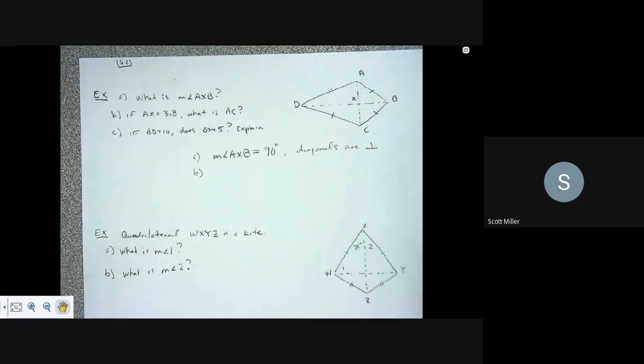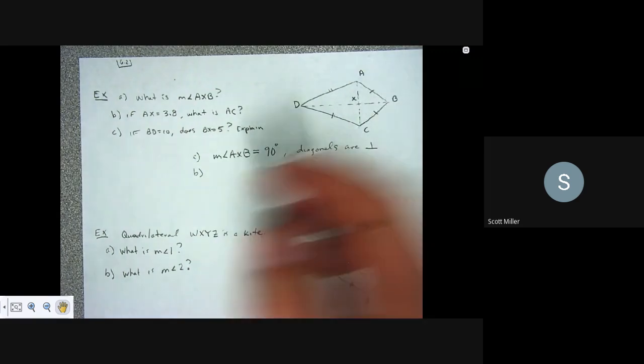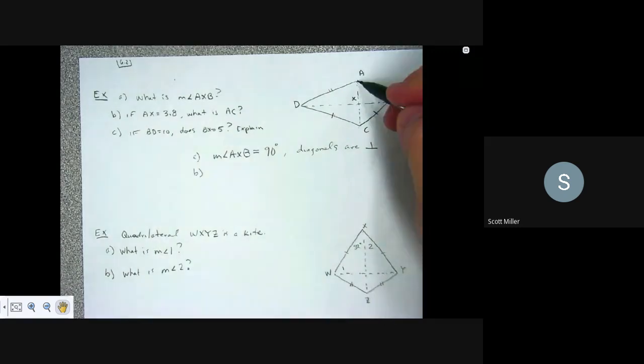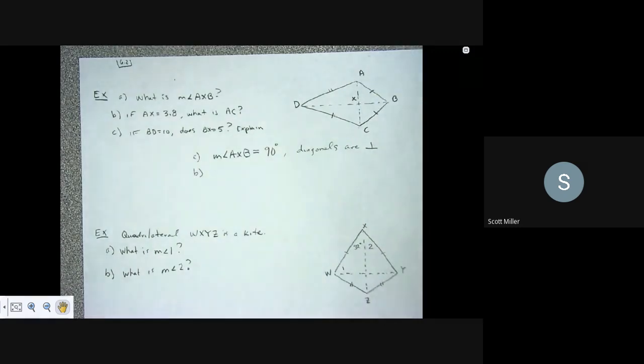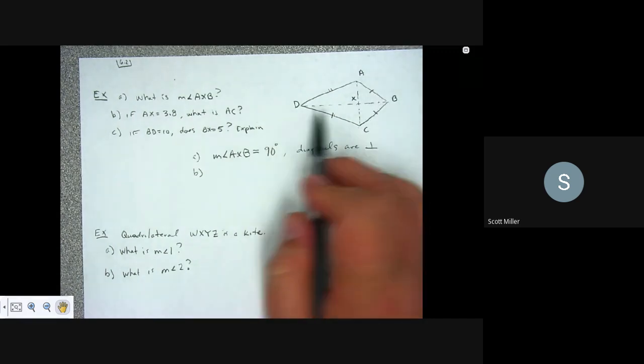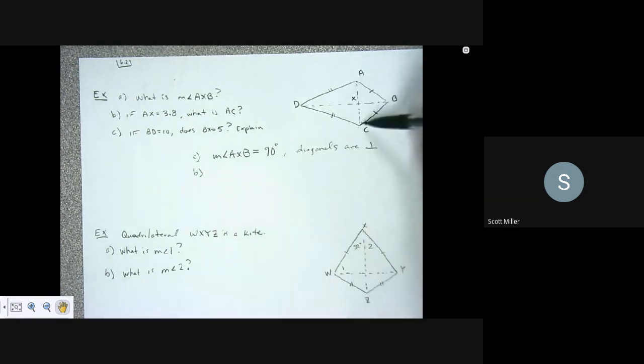What is the length of AC? So what is this length? Well, I know this length, A to X. So since AX is 3.8, I know the long diagonal will bisect the short diagonal. That means these two pieces are identical.